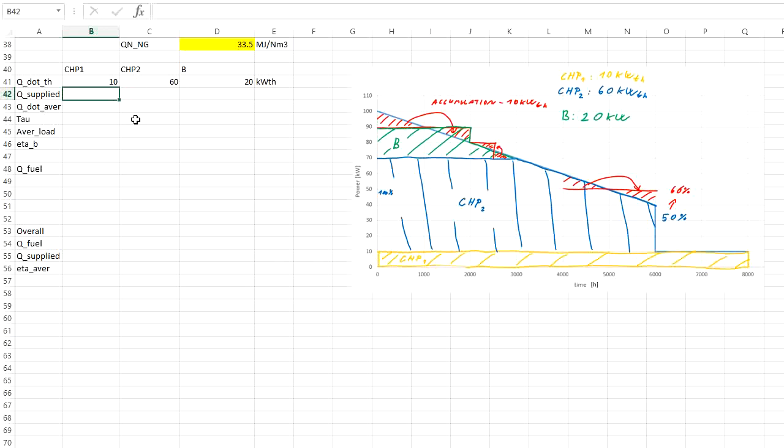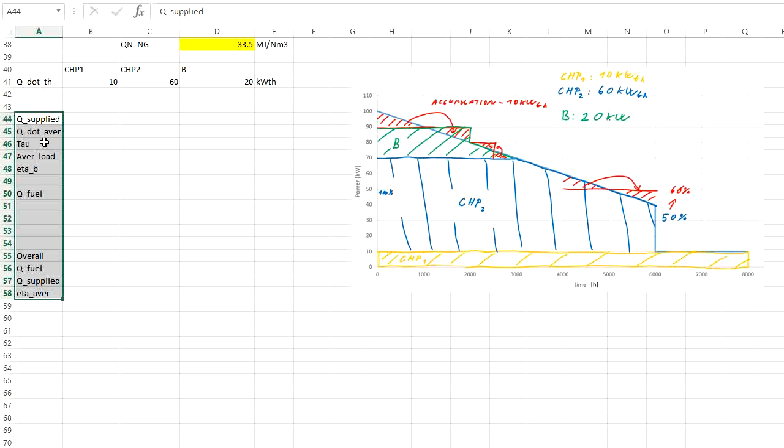Now the supplied heat. For the first CHP, it was the 10 kilowatts times the period of operation times the average load. So let's order it like this.